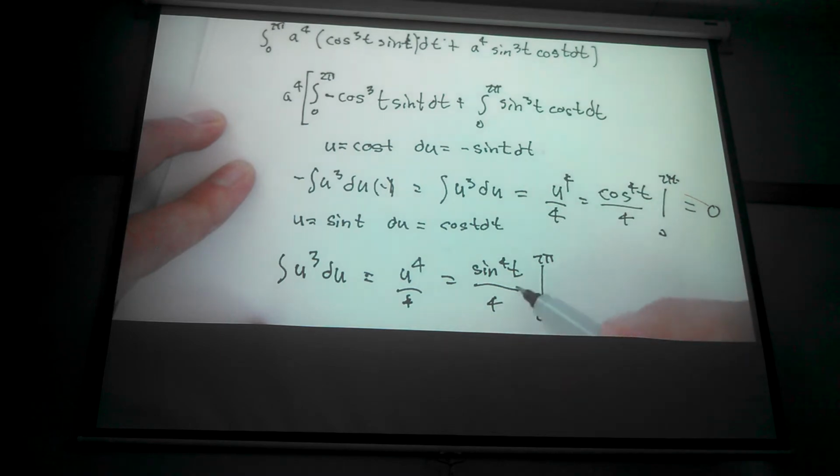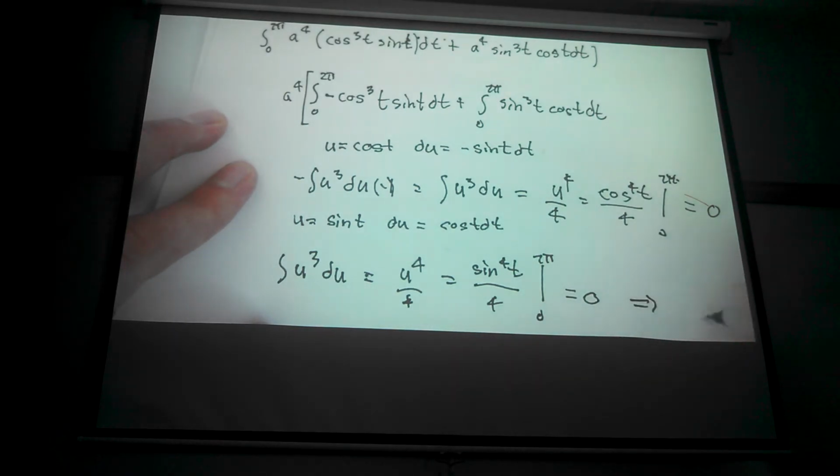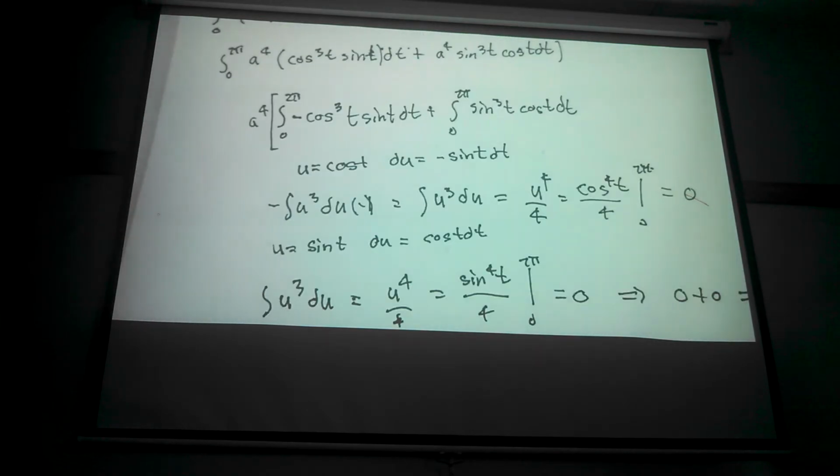Well, just like cosine, sine is the same thing at 2 pi and 0: sine of 2 pi is 0 and sine of 0 is 0. So this is also equal to 0. So when you put it back, you're going to get 0 plus 0. Guess what? That is 0. That was using the first method.